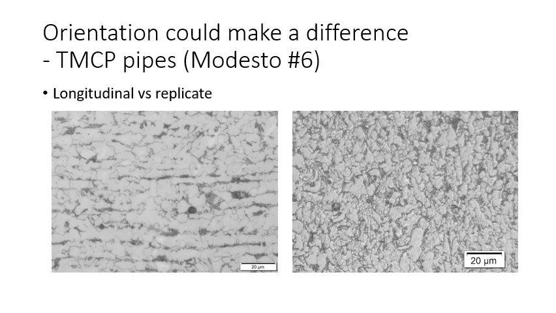In addition to having an effect on the amount of second phase evaluation, processing can also have an effect on grain size evaluation. Here we're going to look at thermomechanical controlled process pipe microstructures, and we'll start with the longitudinal microstructure we see here on the left. We see this banding again, but something else we notice is that some of the grains are elongated in the direction of rolling.